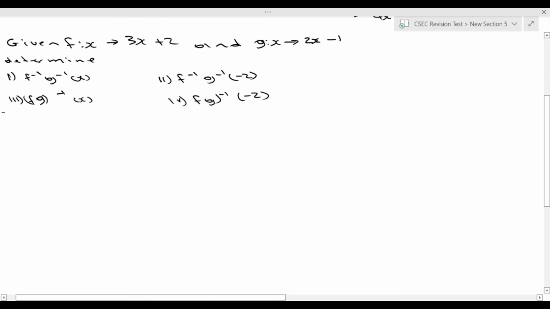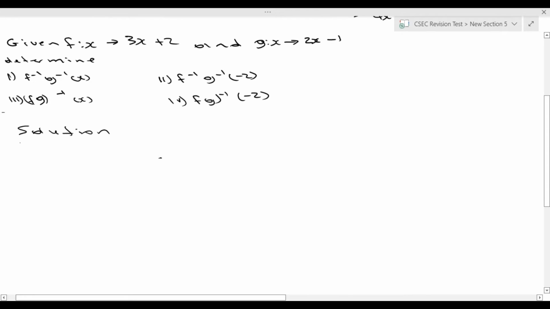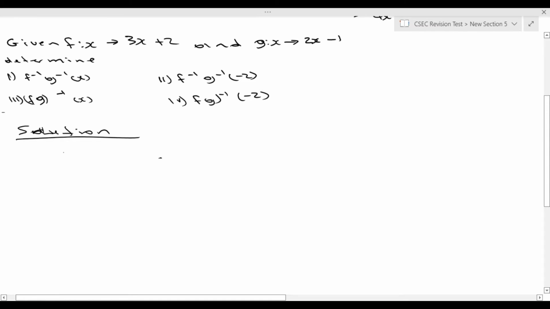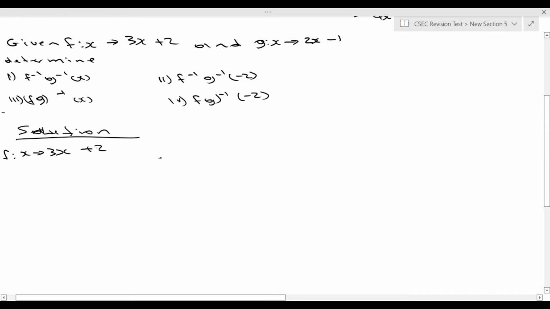We are going to write our f function, and then we find the inverse of it. So we have 3x plus 2.